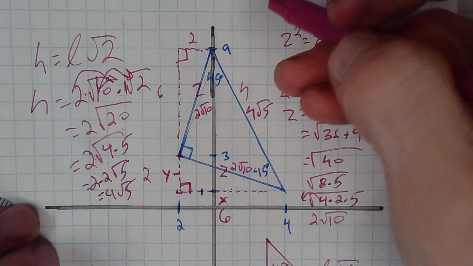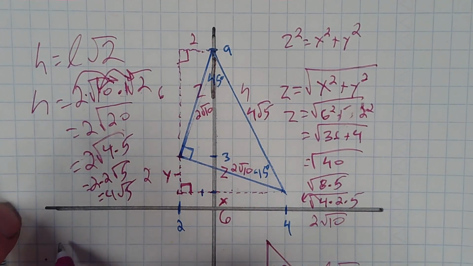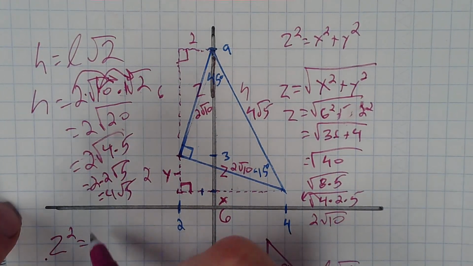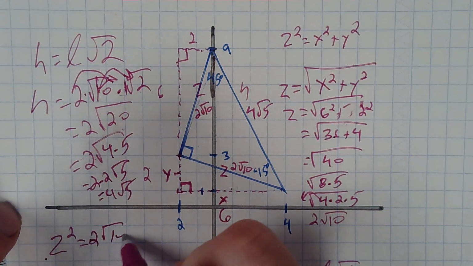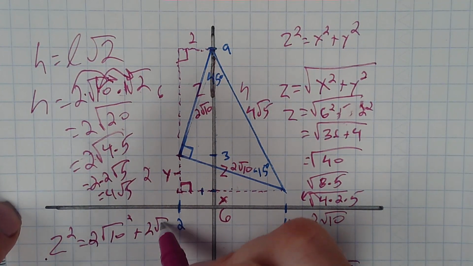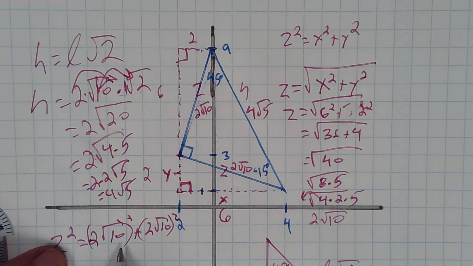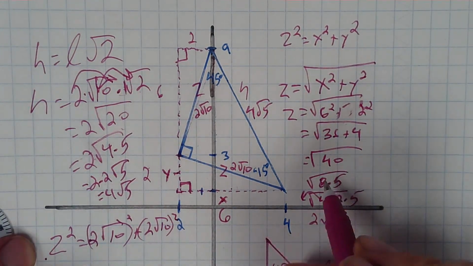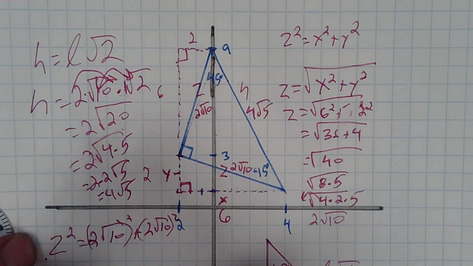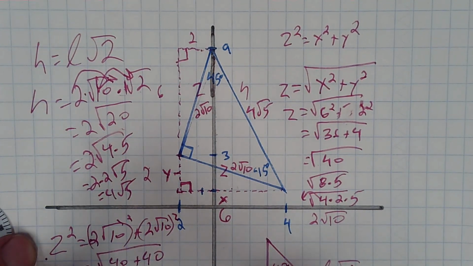Okay, another way to do that is z squared equals 2 square root of 10 squared plus 2 square root of 10 squared. So I know that this was the square root of 40. It goes all the way back to here. So z equals the square root of 40 plus 40, the square root of 80.